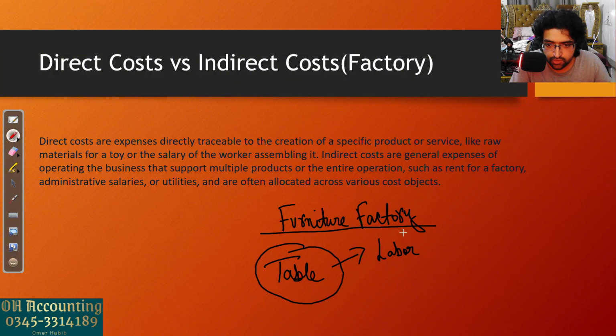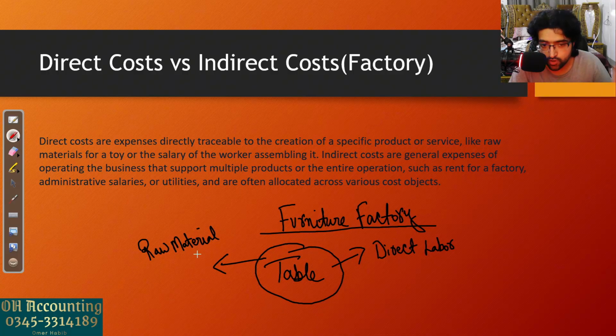ठीक है? So we will call this, let me erase this and write direct labor to make it simple. Direct labor. Secondly, how are we manufacturing this table? We need raw material. ठीक है? So raw material is also a direct cost. ठीक है? What can you call it? You can simply call it direct material or raw material.